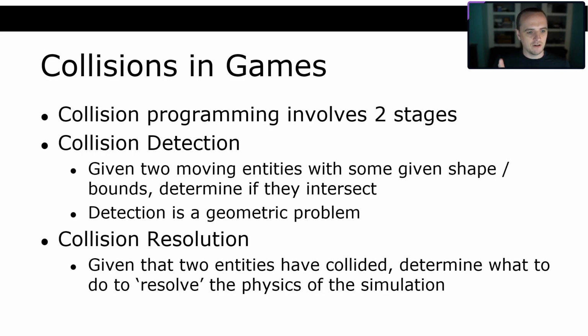Or maybe a player can move through a cloud, but can't move through a question block. Detecting whether or not 2 things are overlapping is a geometric problem, and collision resolution involves that geometric problem, but it really depends on what the game mechanics say should happen in order to implement that resolution.